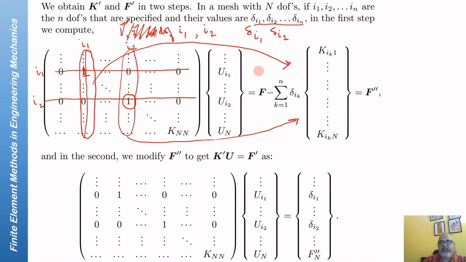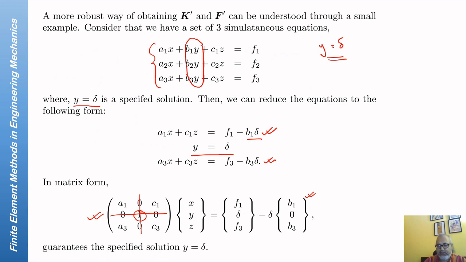And this will give me a new force vector, which I called F double prime. What I'm doing here is this step. This is the specified value of y multiplied by the column corresponding to y. So B2 is also there at this stage.